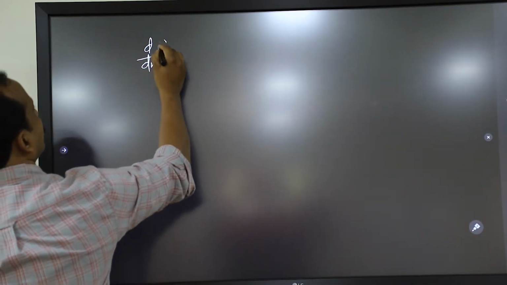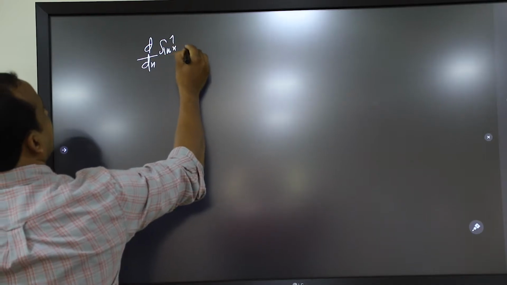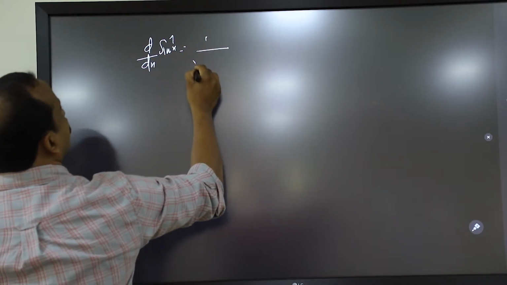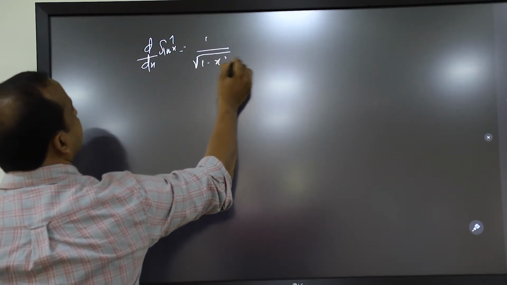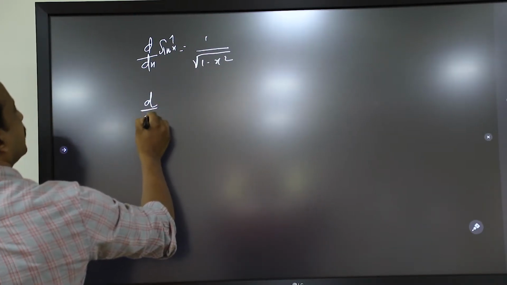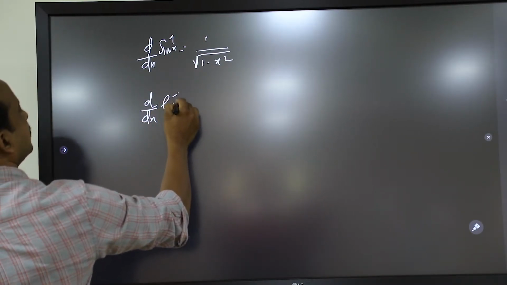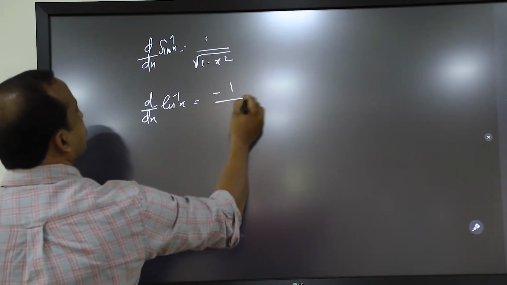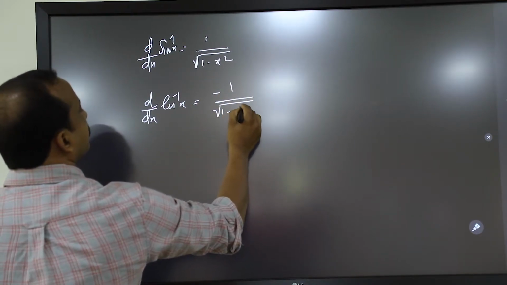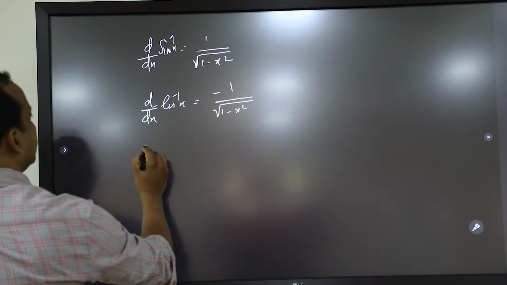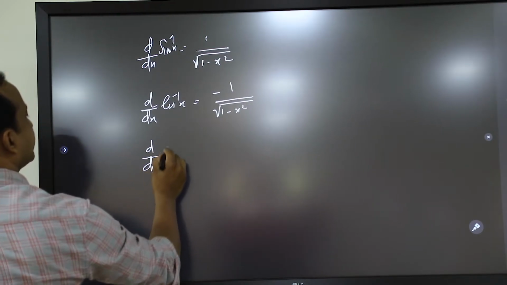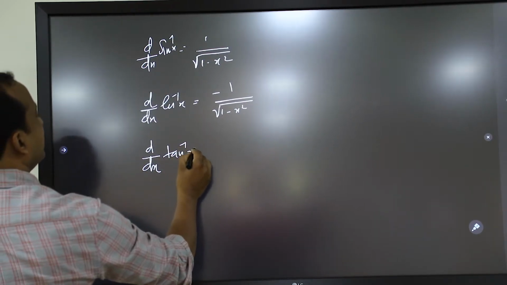That means our first was d by dx of sine inverse x is 1 by root of 1 minus x square. Derivative of cos inverse x is minus 1 by root of 1 minus x square. Then third is d by dx of tan inverse x.